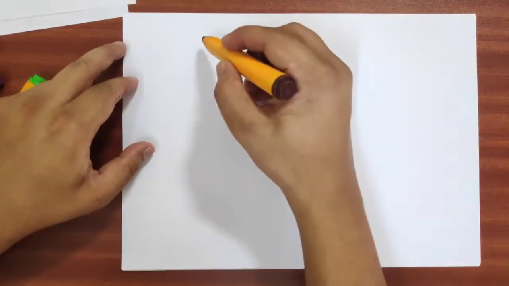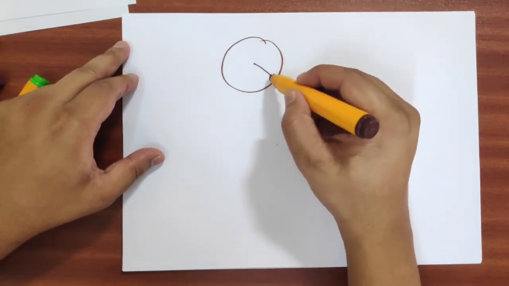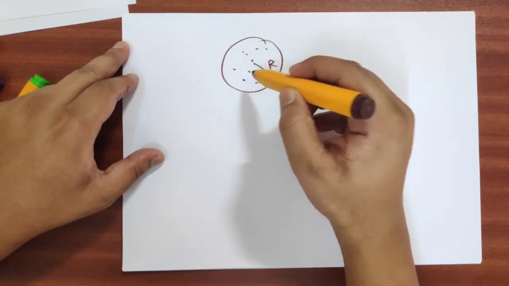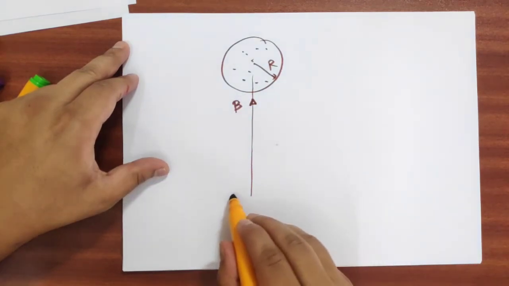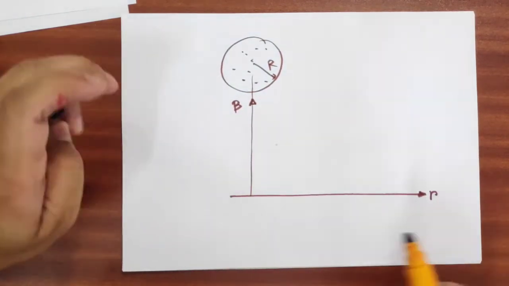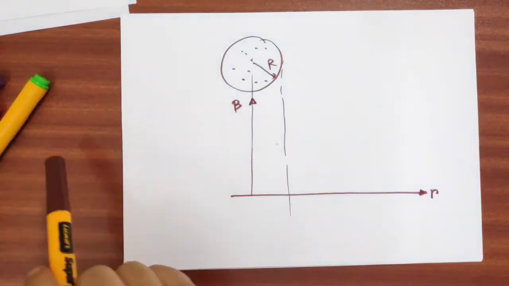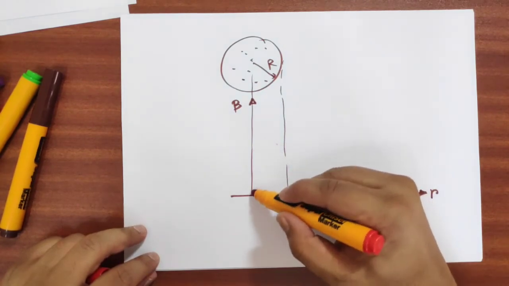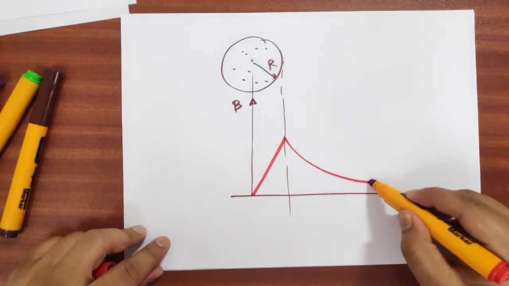So if I draw the curve of B versus r, let's draw the wire first. This is the cross section of the wire, with current flowing this way, and this is B versus r. From the center to this point it varies linearly, and then it's a rectangular hyperbola.